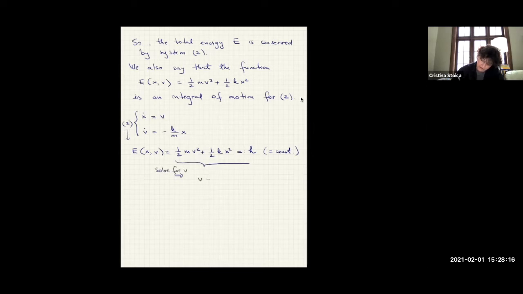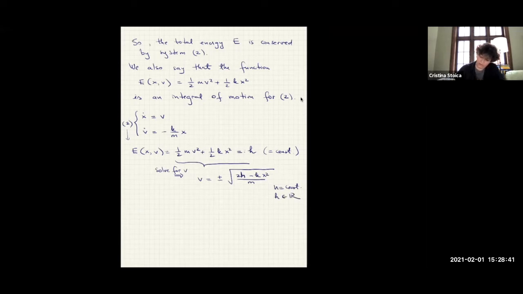So v will be plus minus root of (2h minus kx squared) over m, I guess. I hope I did it right. Where h is a constant, so h is in R.